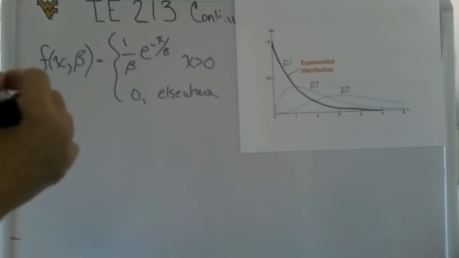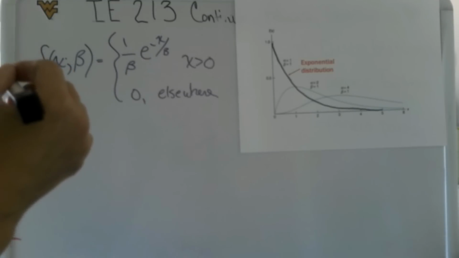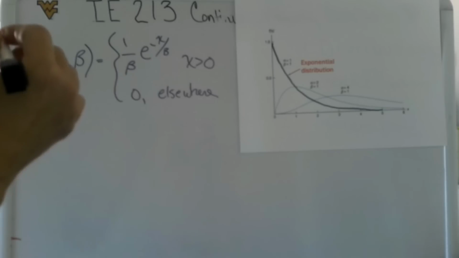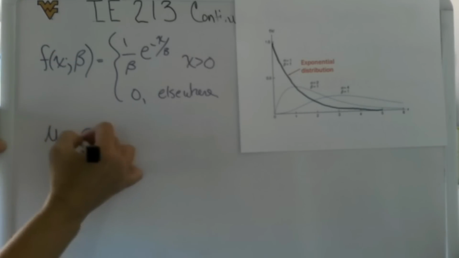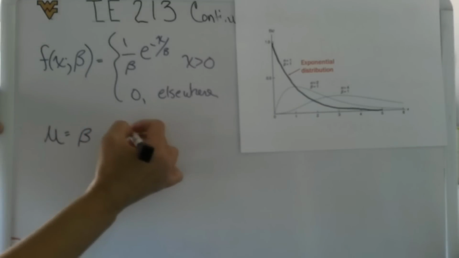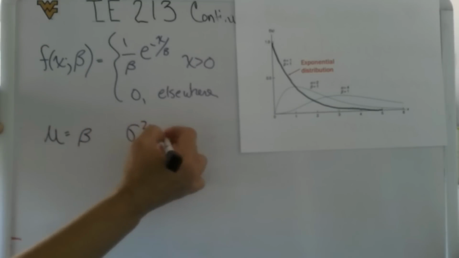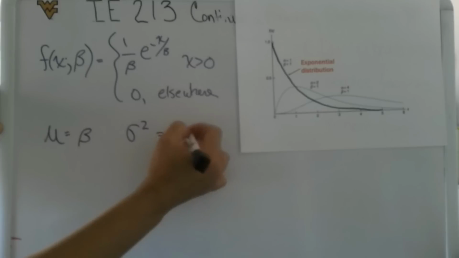The mean and the variance of the exponential distribution are mu is equal to beta and variance is equal to beta squared.